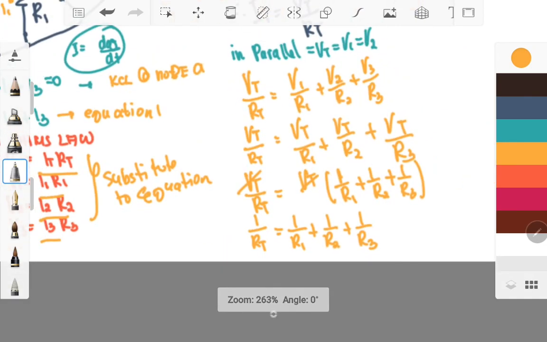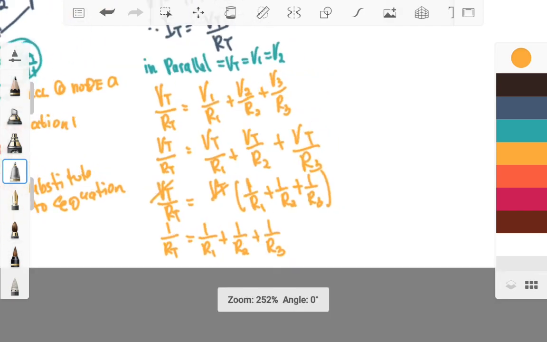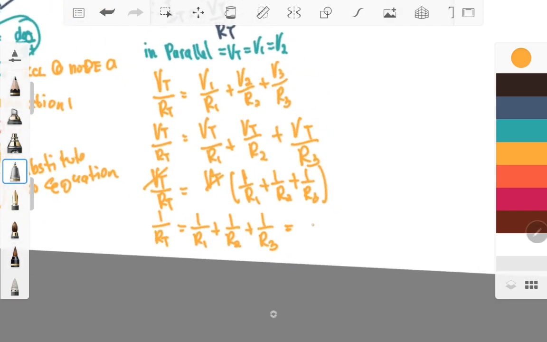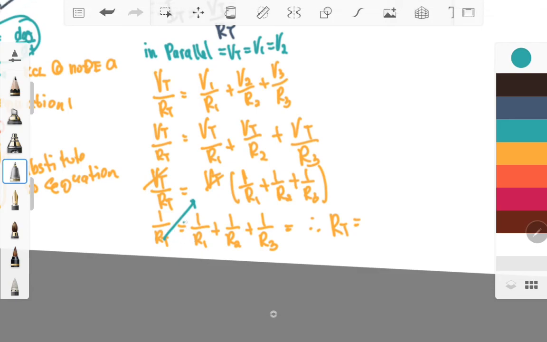This is your equation for your R total. So by cross multiplication, I may say that your R total is equal to, therefore, when we cross multiply, this R total goes up, and this one goes down.